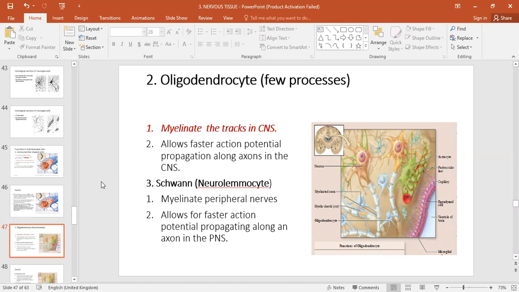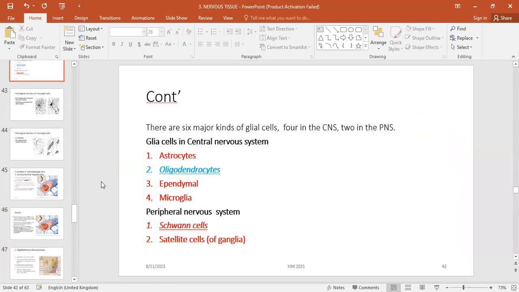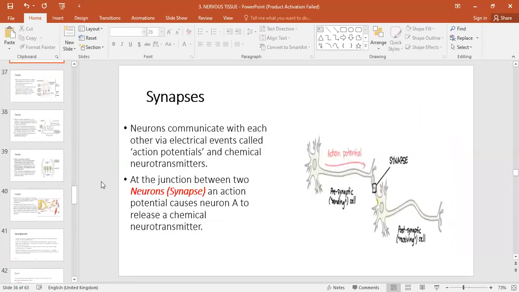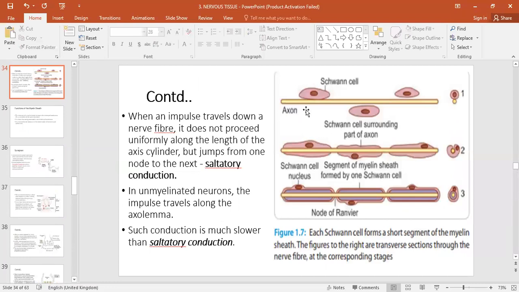But when it comes to the Schwann cell, one Schwann cell can only cover a small segment of the axon. Like here, this is one axon, but you see we need 3 Schwann cells to cover one axon. This will cover the middle part, that will cover the distal part, this will cover the proximal part. Therefore, on one axon in the peripheral nervous system, you're going to find 10 or even 20 or 30 Schwann cells covering just one axon.